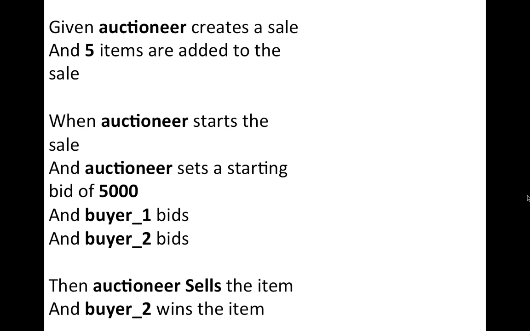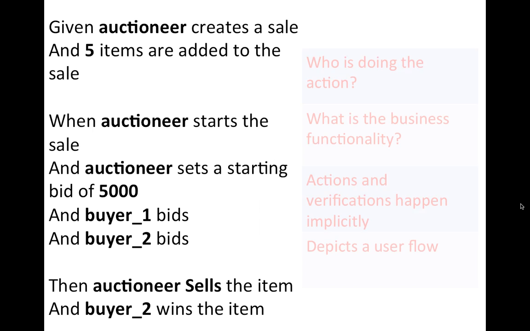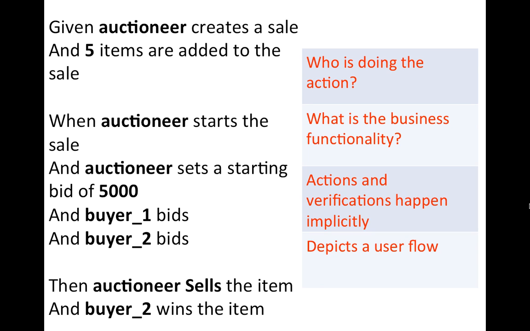This is a specific business functionality, and the words in bold, auctioneer, 5, 5,000, buyer 1, buyer 2, are keywords to indicate what is the persona and what is the action you're doing. As a result, we know who is doing the action and what is the business functionality, because you're now talking about exact domain terminology.